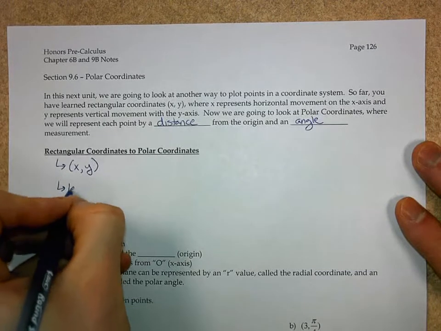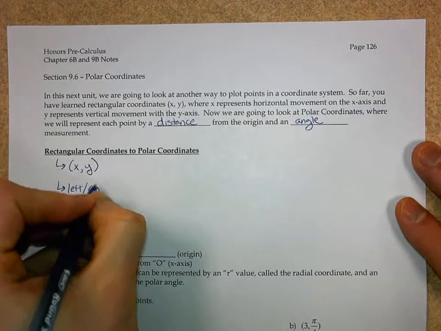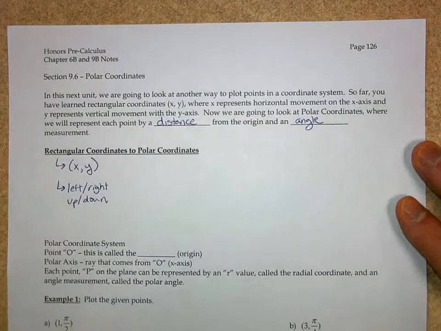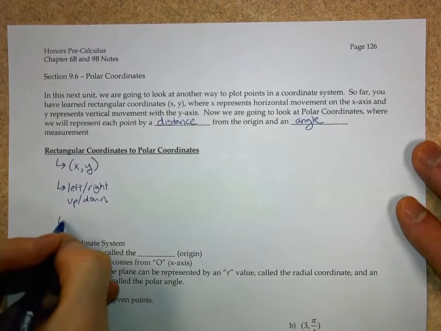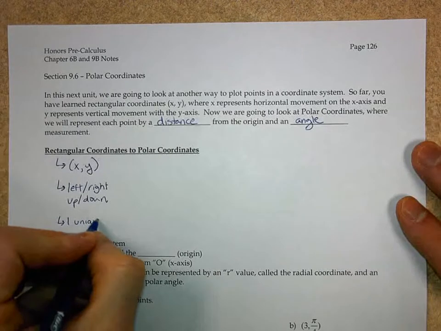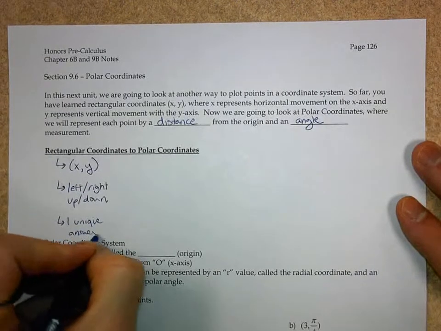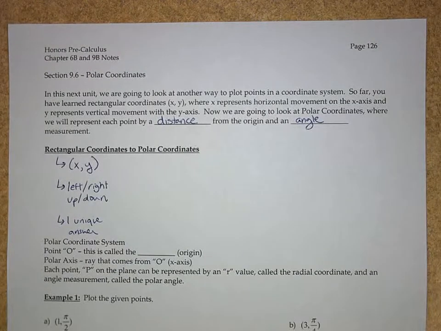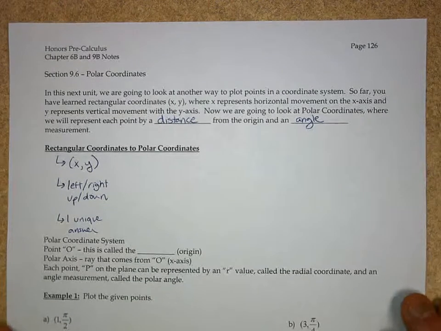They were also left, right, and up-down movements. And then finally, there was one unique answer. Meaning that if I saw the point 1, 3, it had to be 1 unit to the right, 3 units up. There was no other way we could get that point 1, 3.